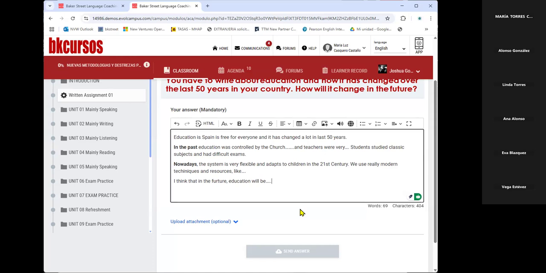The maximum is 100. The minimum, well, the minimum realistically is about 40. But you should always think about getting 60, okay? Get 60% on your writing and you will be okay. That means you've got a margin.